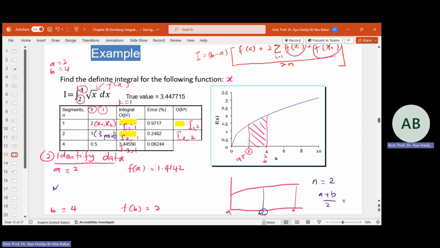So M1 is 3. Find your f(M1). Correct, 1.7321. Okay, that one is for n equals 2.